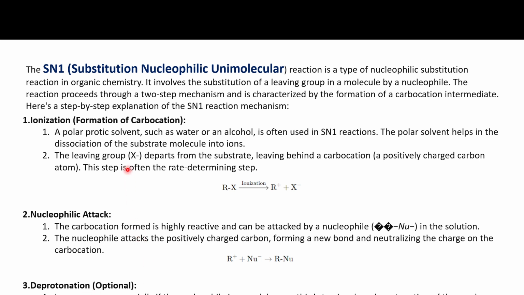But generally the SN1 reaction is a two-step process: one is the formation of the carbocation and the next step is the nucleophile attack.